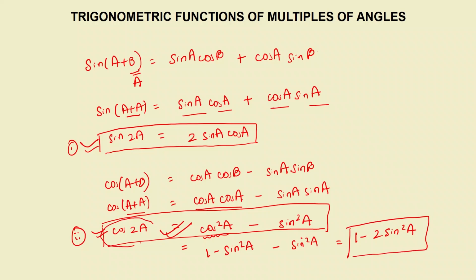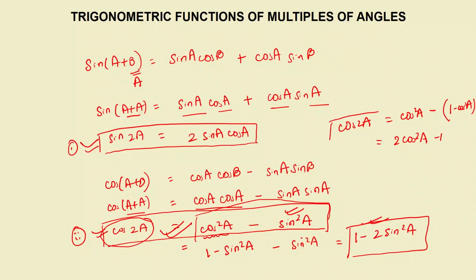So cos 2a is cos squared a minus sine squared a, and also it is equal to 1 minus 2 sine squared a. And there is one more form. In place of sine squared a, if you write 1 minus cos squared a, then we get one more form of the formula. So cos 2a is cos squared a, and in place of sine squared we write 1 minus cos squared, and on simplification it gives us 2 cos squared a minus 1.